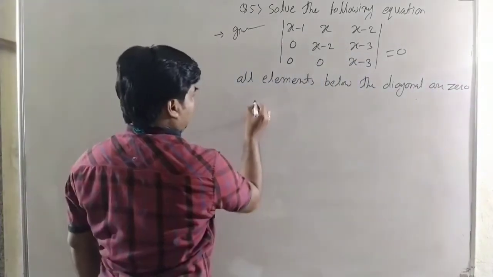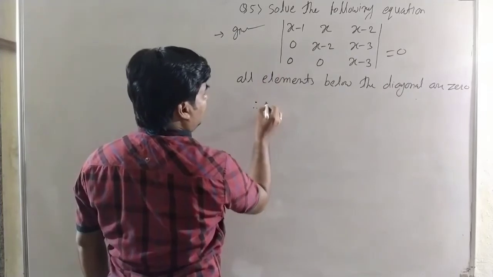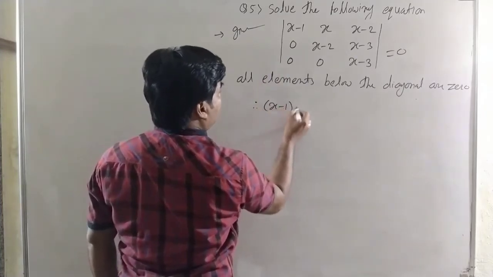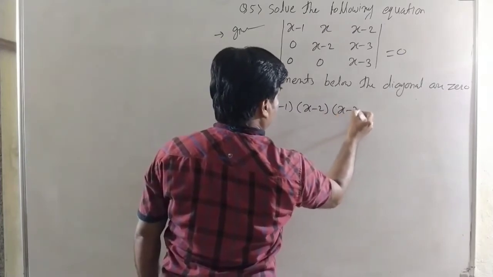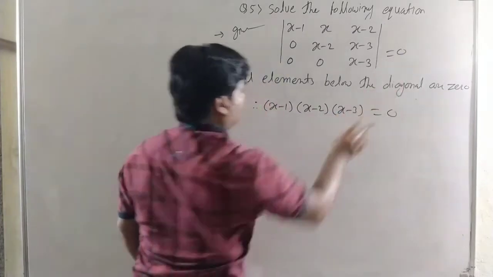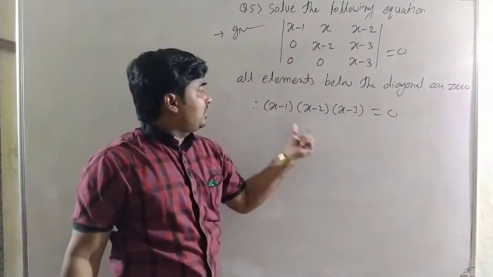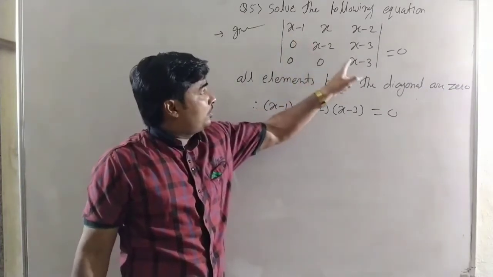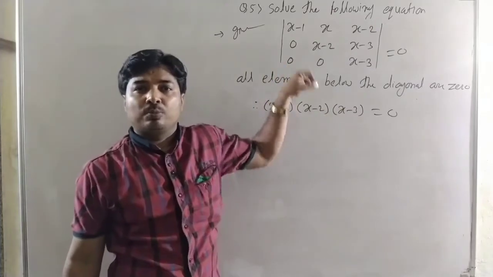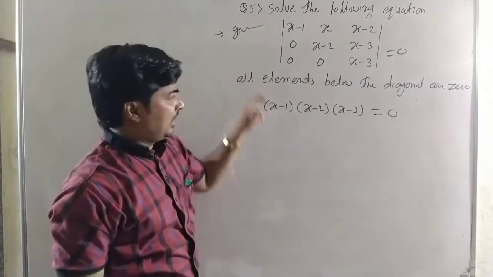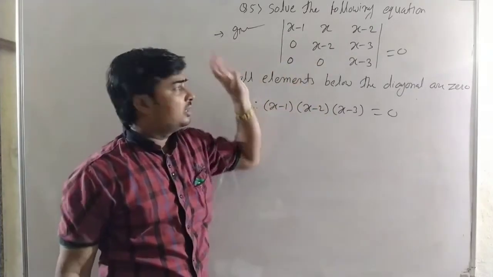Therefore the value of the determinant is x minus 1, x minus 2, x minus 3 is equal to 0. Here the value of this determinant is the product of the elements in the diagonal. It is our properties of the determinant. I think it is the 7th property in our textbook.